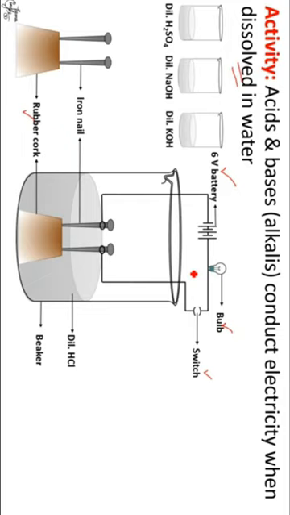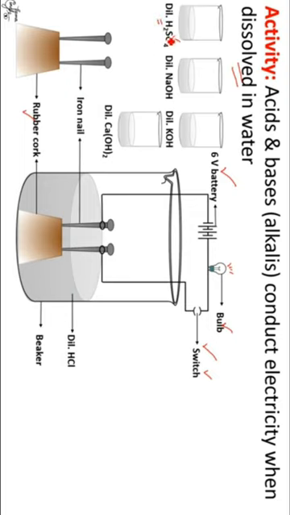Repeat this experiment by taking dilute sulfuric acid, sodium hydroxide, potassium hydroxide and calcium hydroxide. In all these cases, the bulb is glowing. Nothing but they are dissociating. That is what we can understand, right? So two examples, HCl and H2SO4, you have taken. Those are the acids.